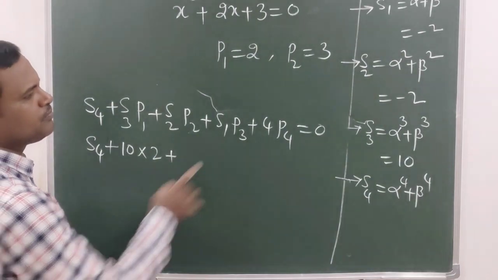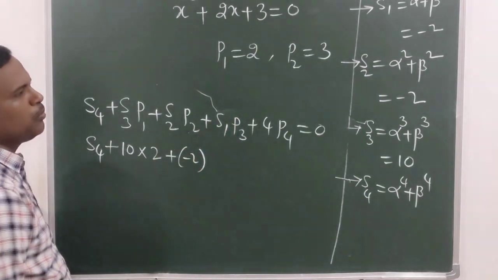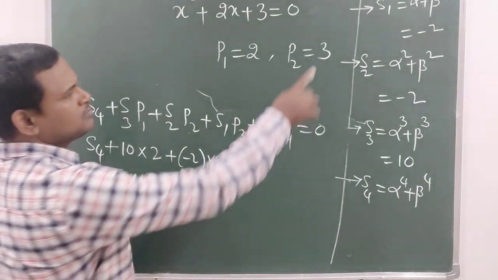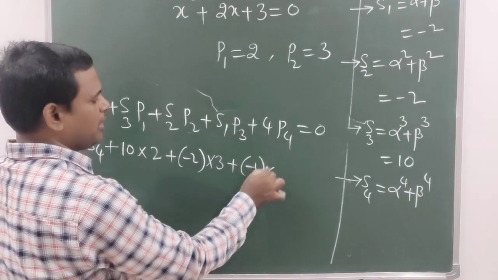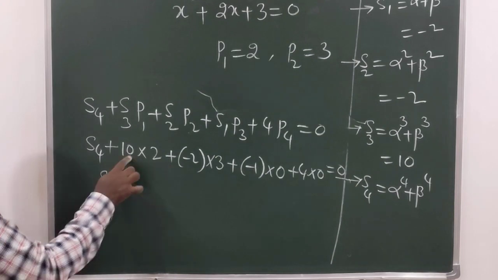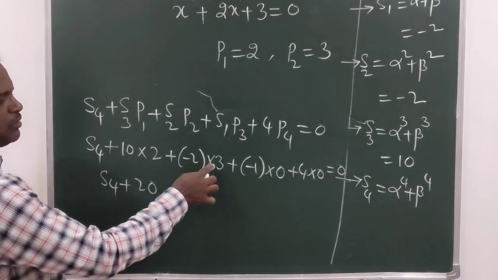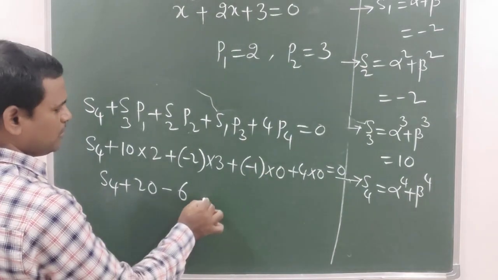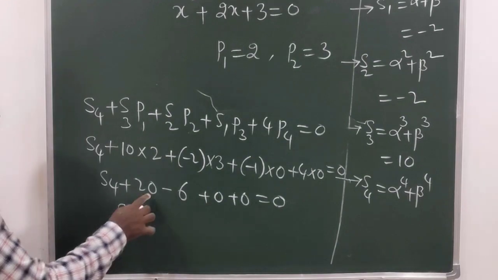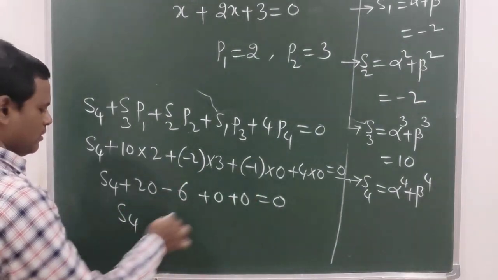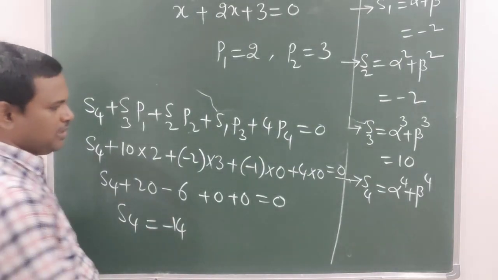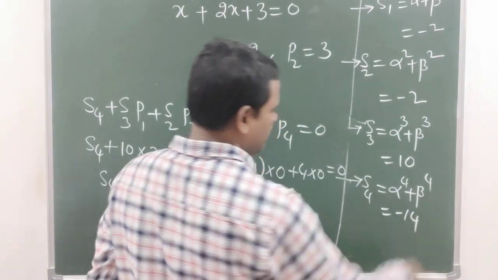S2 is minus 2 into P2, 3. S1 is minus 2 into P3. P3 we don't have, so 0. 4 into 0, which is equal to 0. Now simplify this: 10 into 2 is 20, plus minus 6 here, plus 0, which is equal to 0. Simplify this: 20 minus 6, 14. Now transfer this 14 to the right side so that we get minus 14. So the S4 value is minus 14.